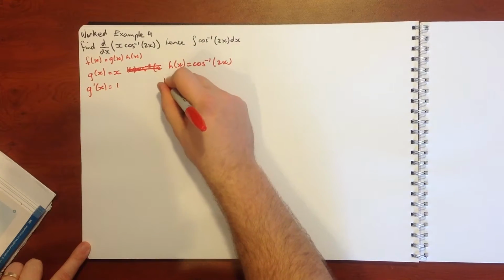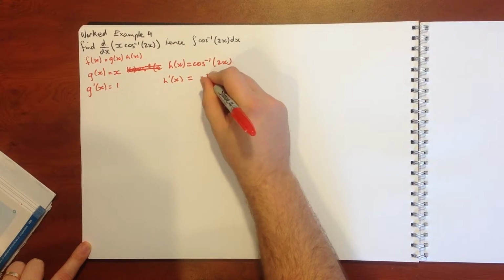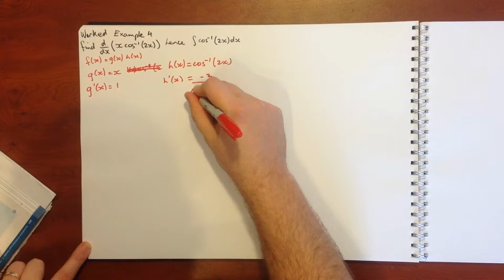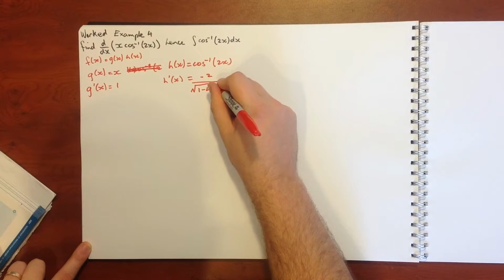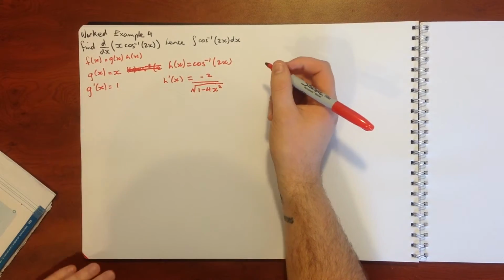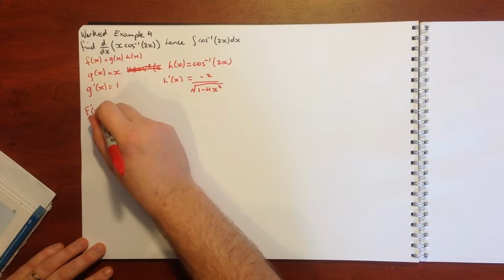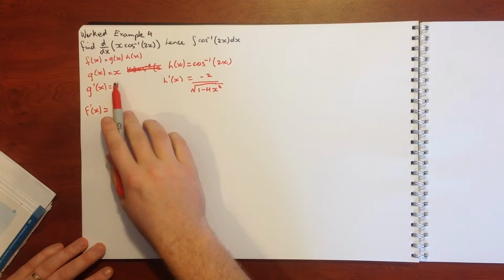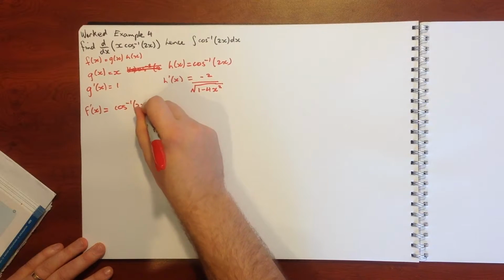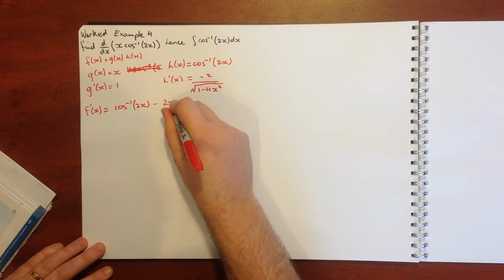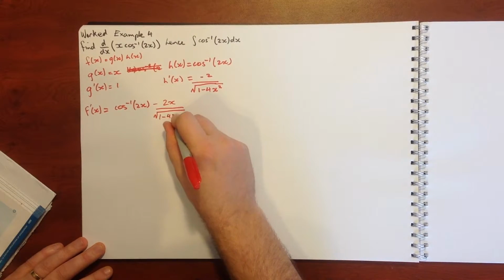Okay, our h dash of x is equal to our minus 2 over square root of 1 minus 4x squared. Okay, so we bring everything together, which means we've got f dash of x is going to equal, well, we can say we've got our inverse cos of 2x minus 2x on square root of 1 minus 4x squared.